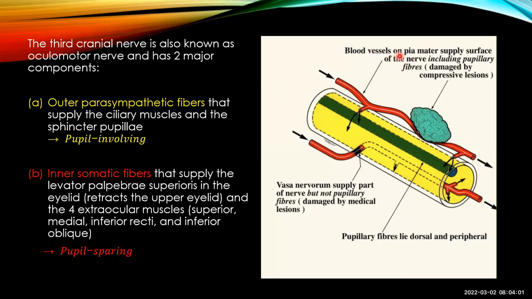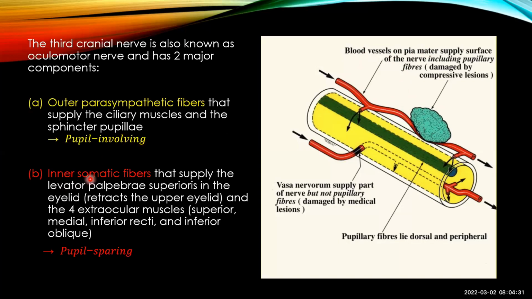Whenever the blood vessels on the pia mater, which supply the outer parasympathetic fiber, get damaged by compressive lesion, being aneurysm, any possible intracranial mass, or even hemorrhages, can cause dysfunction of sphincter pupillae, and hence a dilated pupil will be observed. This is what we call a pupil involving third nerve palsy, which was previously broadly known as a surgical cause of third nerve.